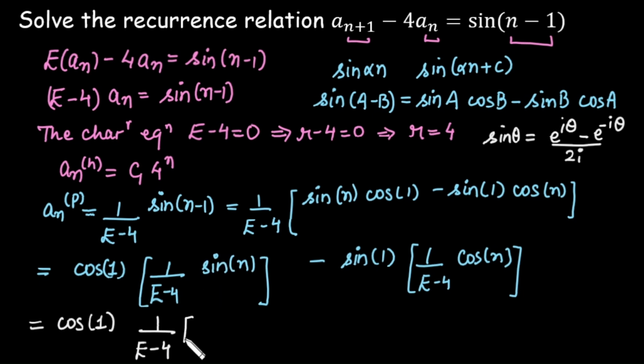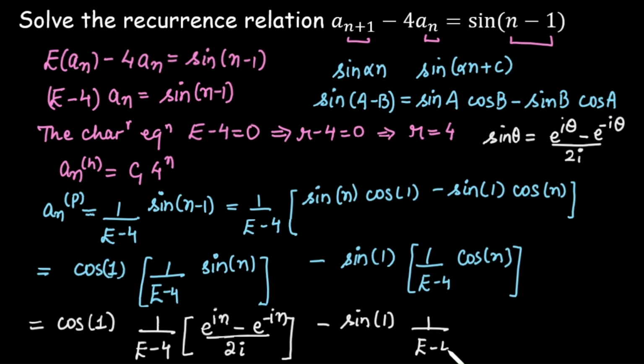We can write in this case as e raised to power iota n minus e raised to power minus iota n divided by 2 iota minus sine 1 as it is. This operator form is as it is. Cos of n is e raised to power iota n, rather than negative sign it contains positive sign, divided by, rather than 2 iota it has 2.